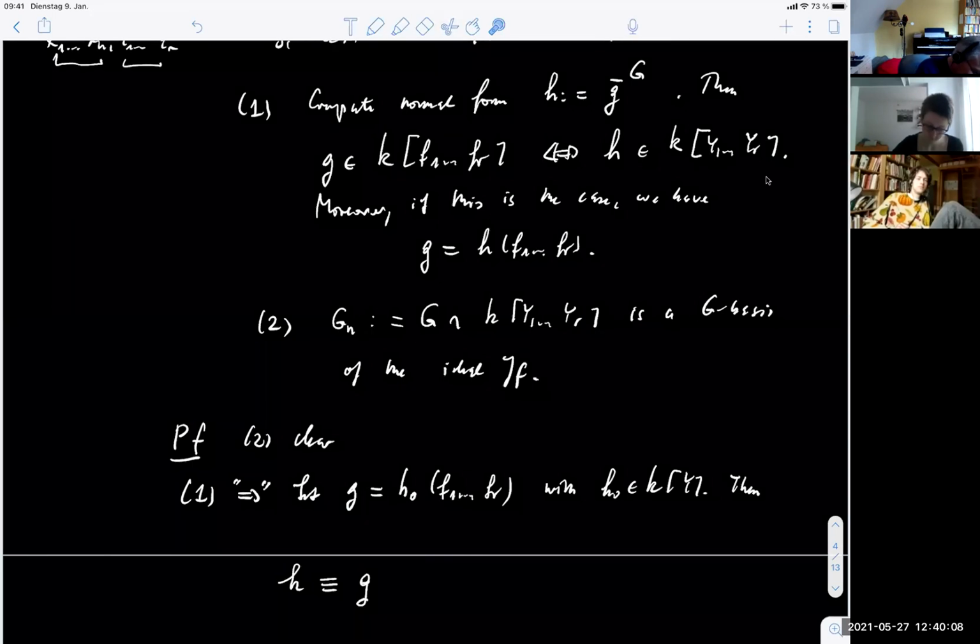Now I use some intuitive notation. Nothing changed, I just write the y's. Usually I don't write them. But now I say, when I reduce modulo J, let me think, do I want to do this?